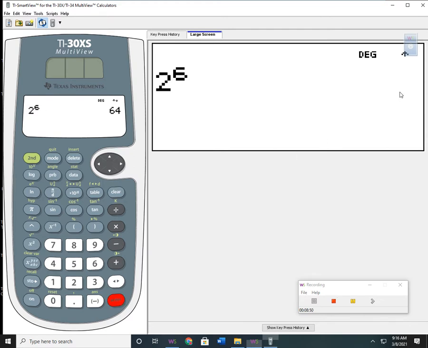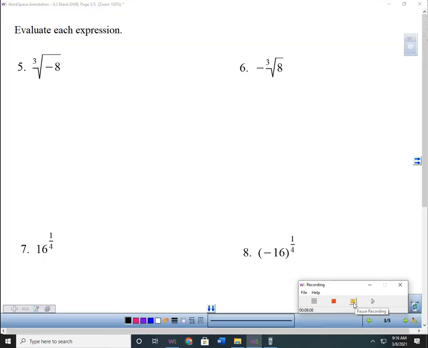And I get 64. Also, negative 2, but if you do that, you need to make sure that you put it in parentheses and check that. That's 64, right? So you can always just keep trying numbers until you get the number that you want.